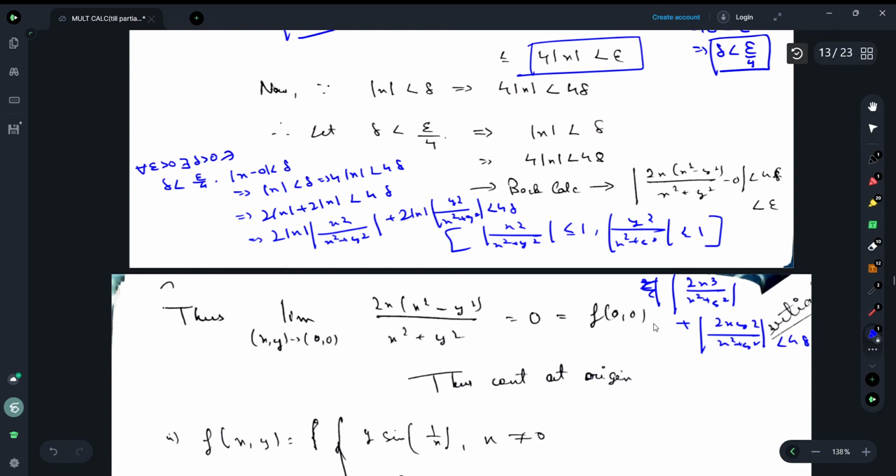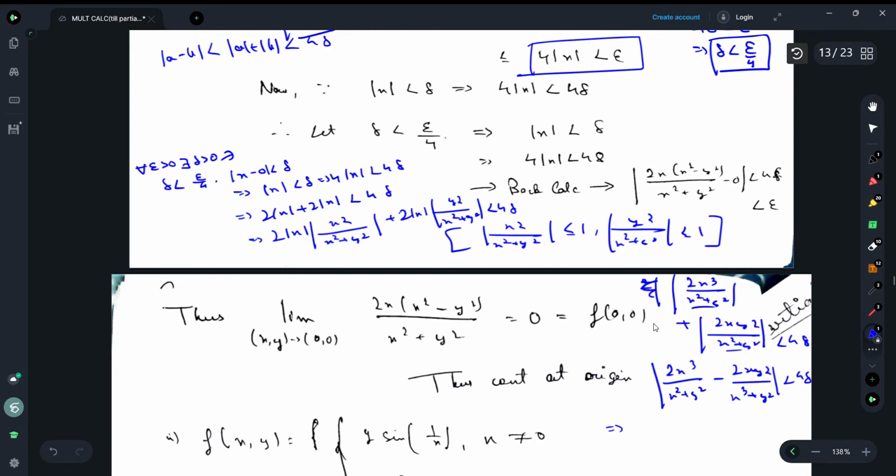Now mod of a minus b is less than mod a plus mod b. In this case, if you take this as a and this as b, mod a plus mod b is less than 4 delta, so we can replace this with mod of a minus b. So we can write it like this: 2x cube over x square plus y square minus 2xy square over x square plus y square is less than 4 delta.